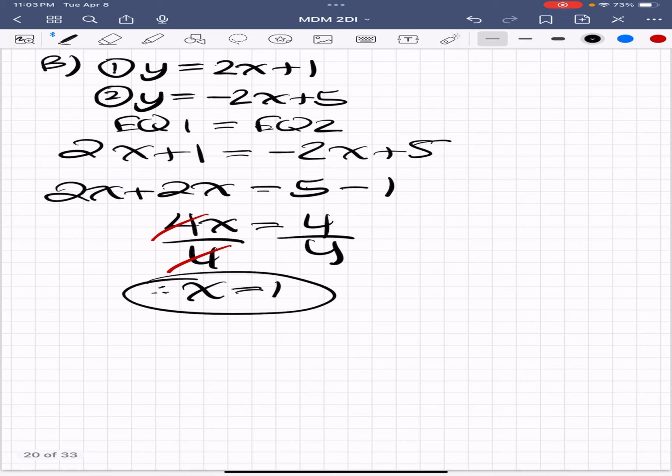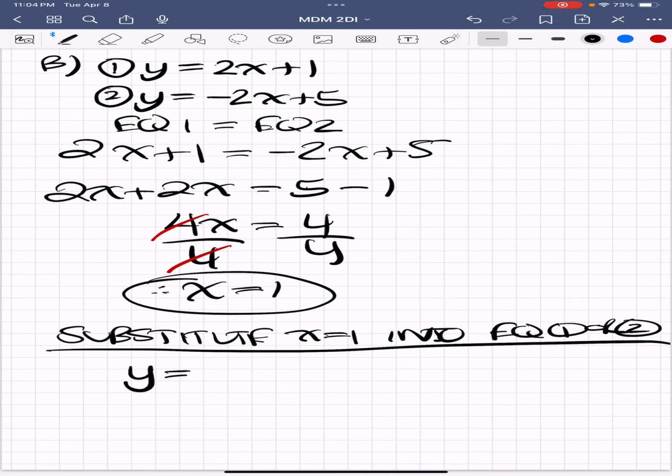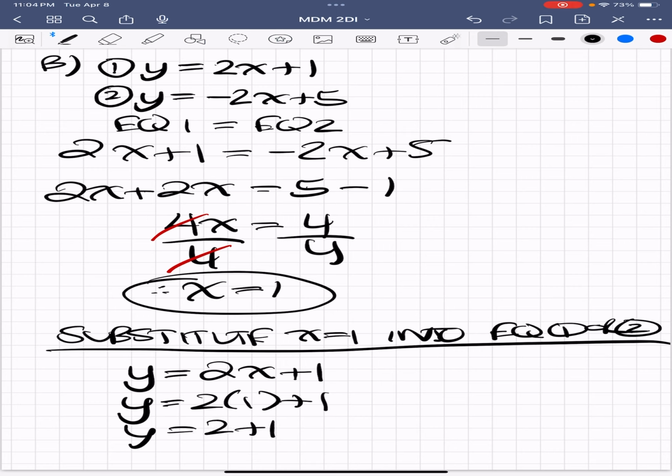Moving on, so we substitute the x coordinate of the POI, in this case x equals 1, into equations 1 or 2. So I will do y equals 2x plus 1, y equals 2(1) plus 1, y equals 2 plus 1, y equals 3.